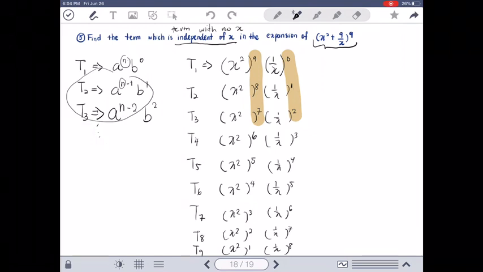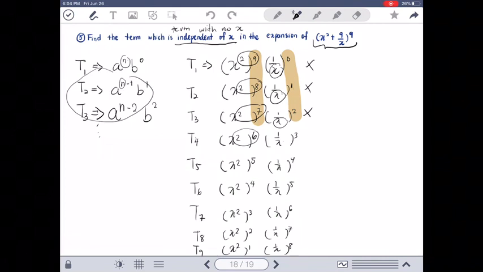Okay, let's look at which term that cancel out each other. This one, 9 times 2 is equals to 18. 18 and x doesn't cancel out. 16 and x doesn't cancel out. 14 and x squared doesn't cancel out. So that one, no, no, no. 6 times 2, 12, 12, and x to the power of 3 doesn't cancel out.